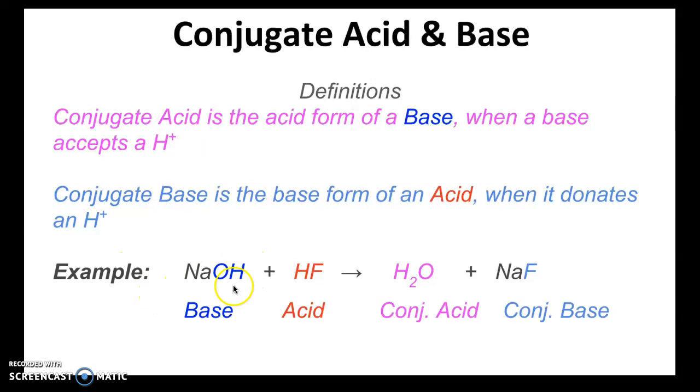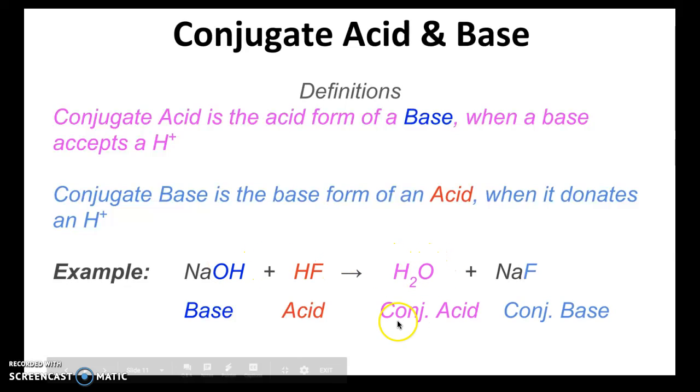If we take something like sodium hydroxide, remember sodium, Na, is our spectator ion, so we can ignore that and just focus on the hydroxide part, which would be OH minus. That's our base, and bases accept protons, so it's going to accept a proton from hydrofluoric acid, or HF. The OH minus accepts that proton and forms water.